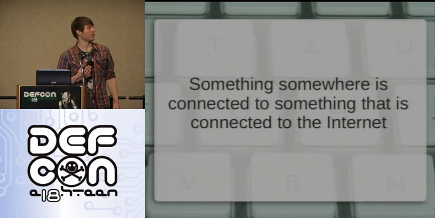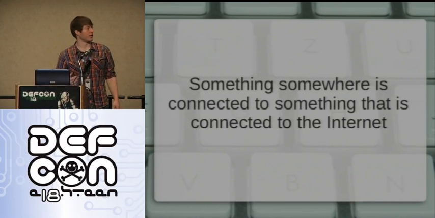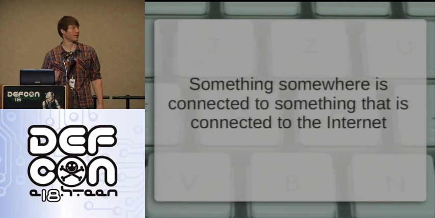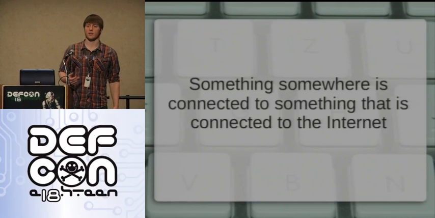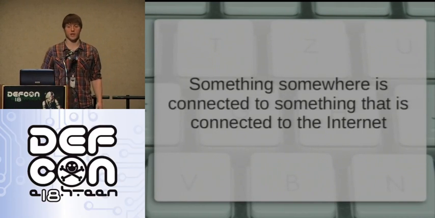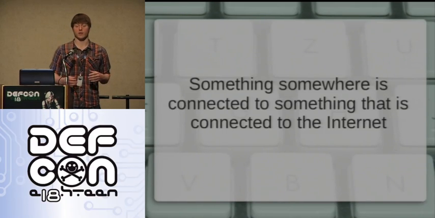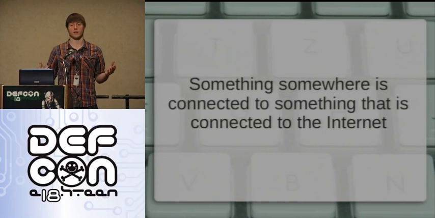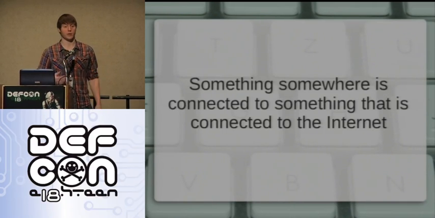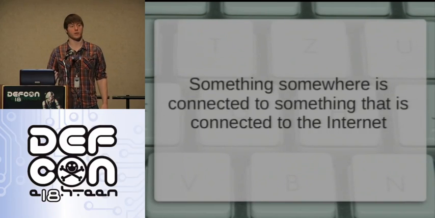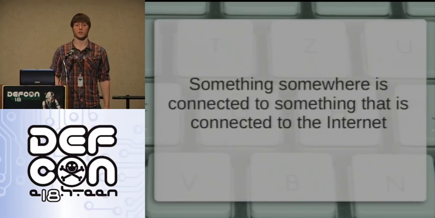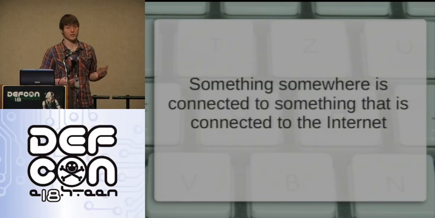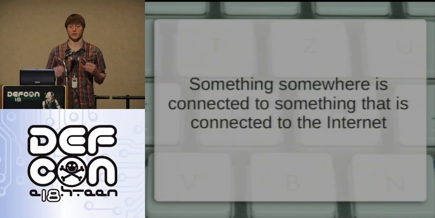But still, something somewhere is connected to something that may be connected to the internet. The whole process of communication means you can communicate with things anywhere. You have to be able to communicate with it to control it. Unless it's strictly physical access, something has to be connected to something, and a lot of times it's connected to a system that's connected to the internet.